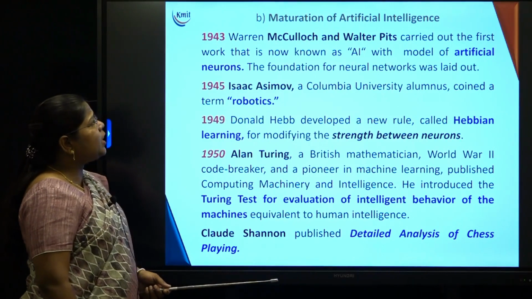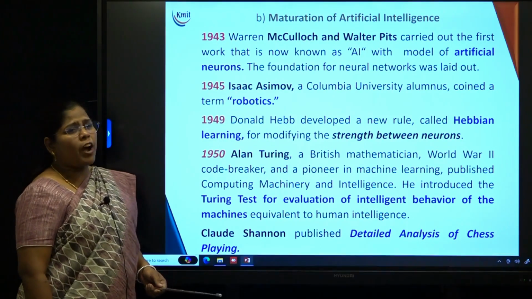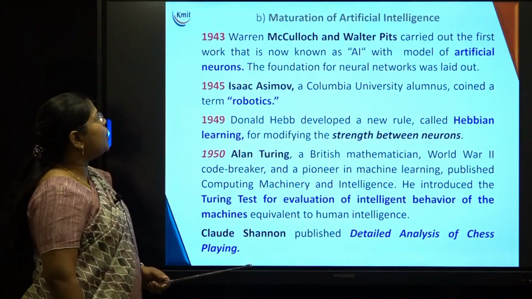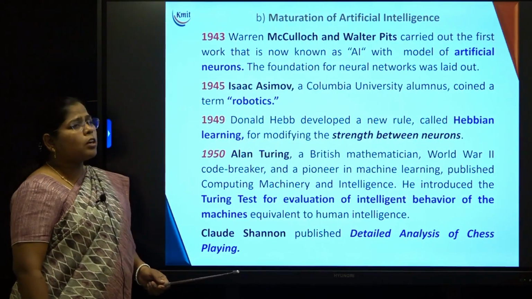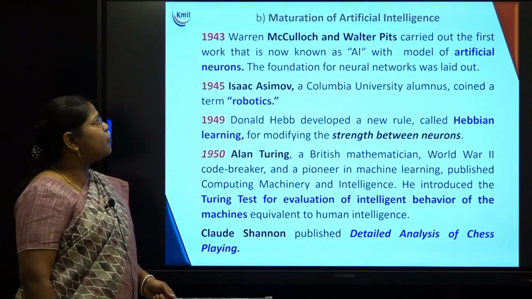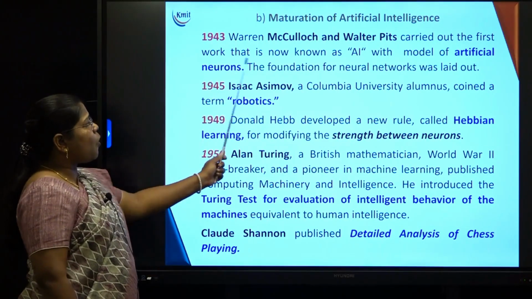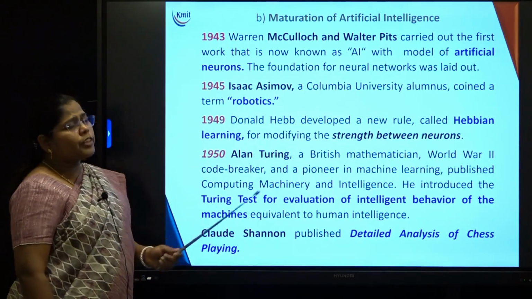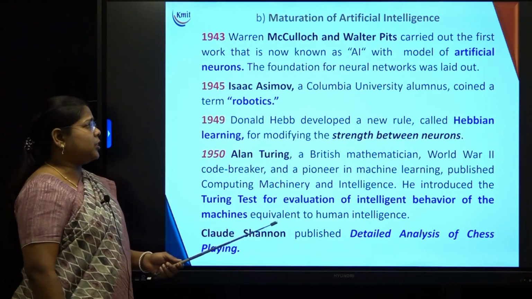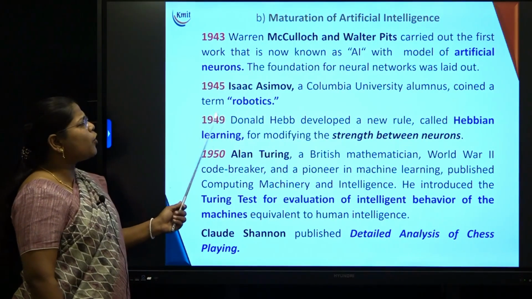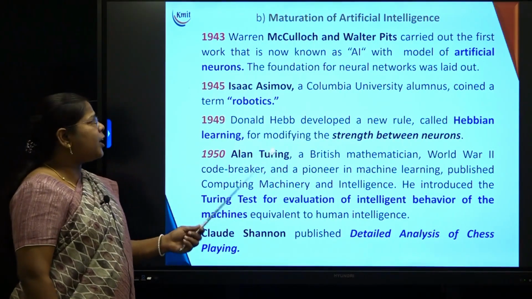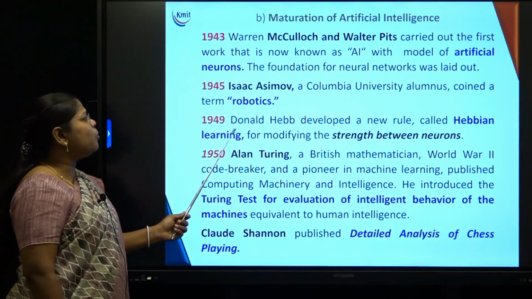The later maturation of artificial intelligence has come. In 1943, McCulloch and Pitts carried out the first work on AI with artificial neurons. In 1945, Asimov coined the term robotics.